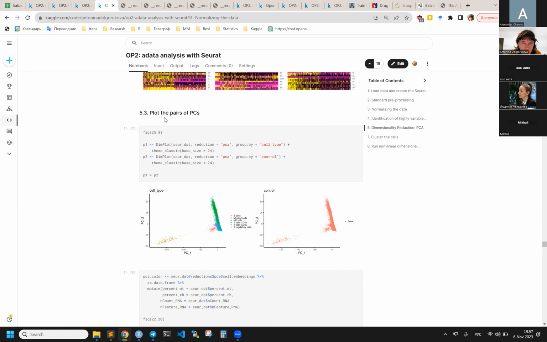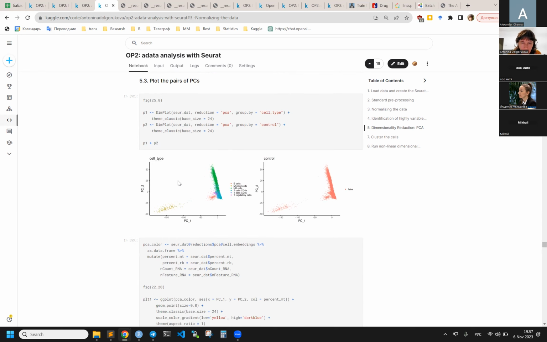Before I proceed, I plot some pairs of principal components, PC1 versus PC2. We see our different clusters of cells, which now don't come from control cells because we have no control in the data now. We filtered out all control cells, and still, after the dimensionality reduction, we have this cluster of myeloid cells, very different from all other cells. I just put this additional picture to show no control here, all false.